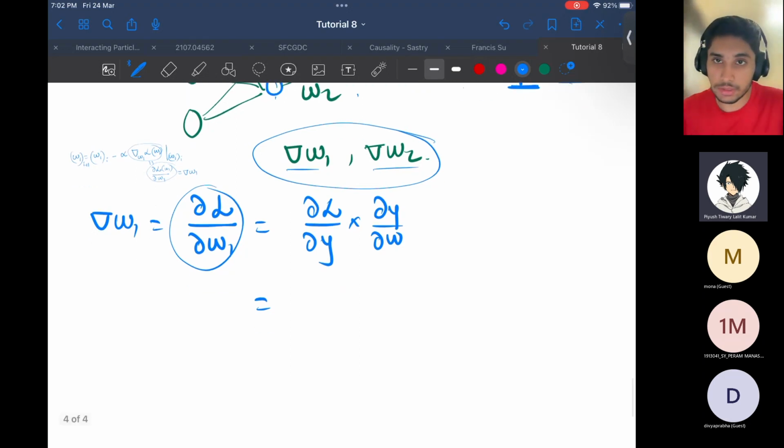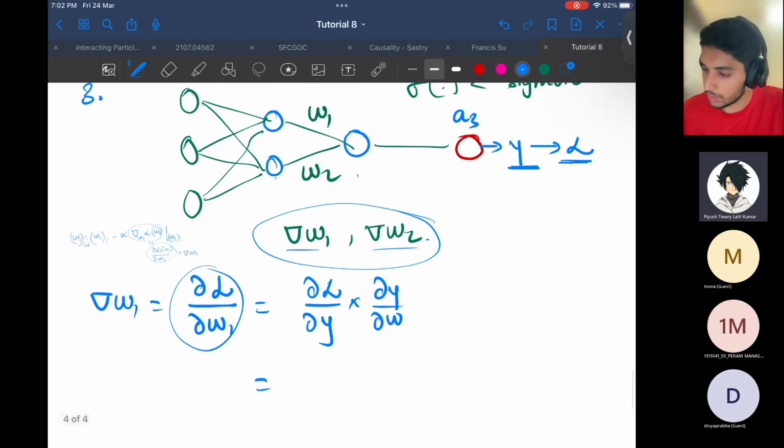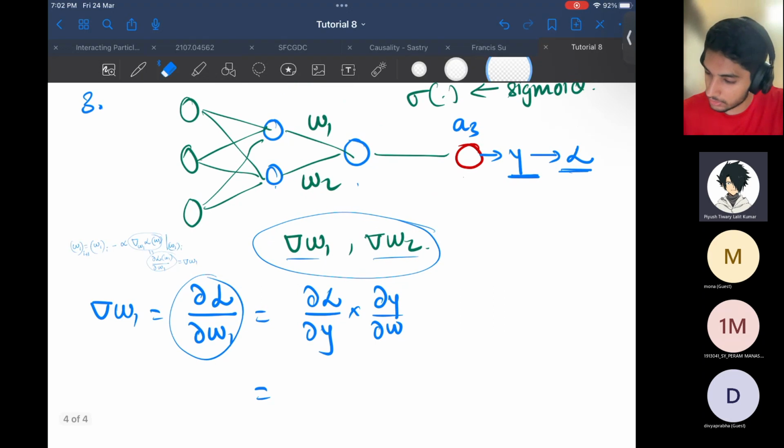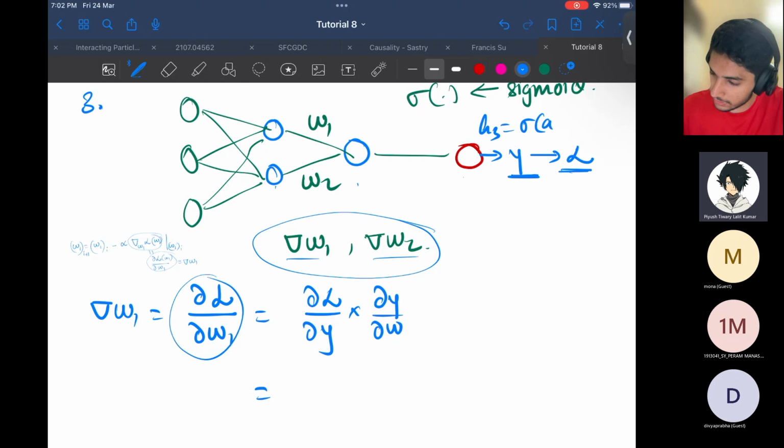What is the terminology that we are using? H is being used to denote the output of the layer, so let us make it H3. H3 is sigmoid of A3, where A3 is the output here. So what will this become?